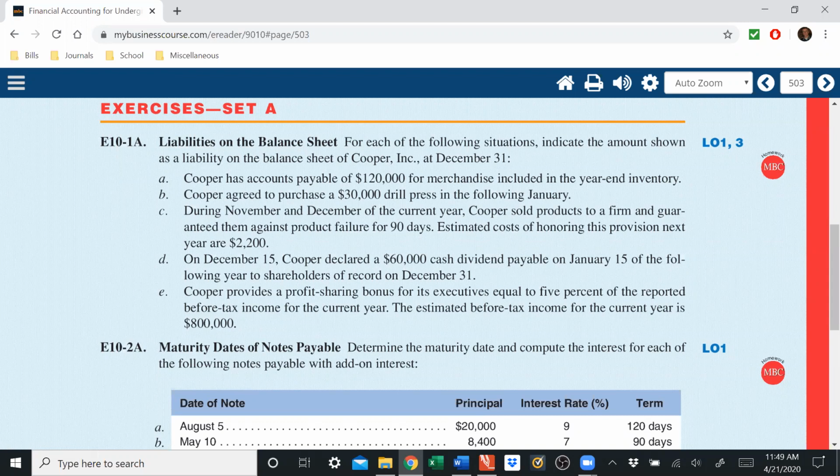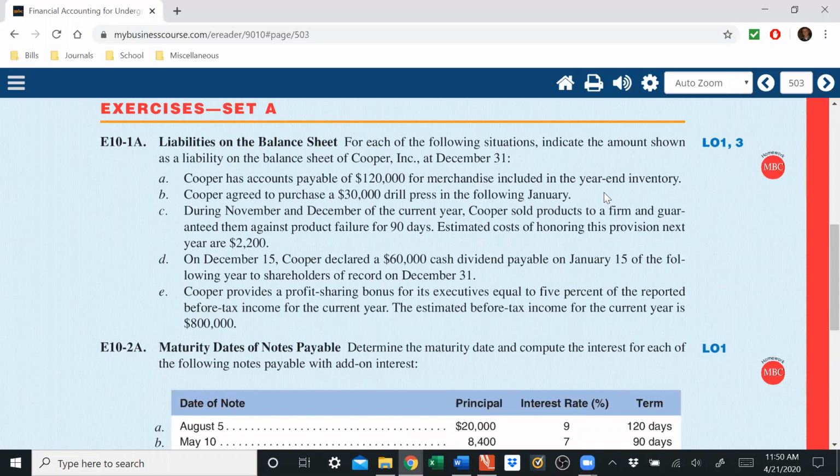All right. So it says for each of the following situations, indicate the amount shown as a liability on the balance sheet of this company at December 31st. So Cooper has accounts payable of $120,000 for merchandise included in the year-end inventory.